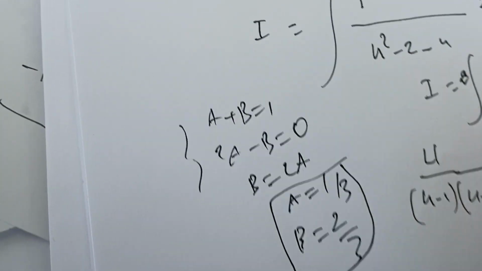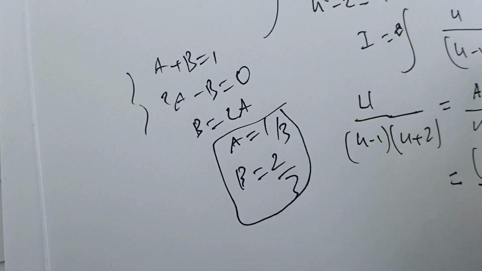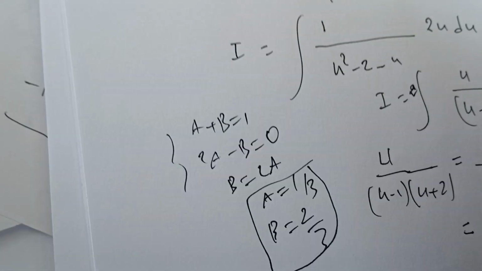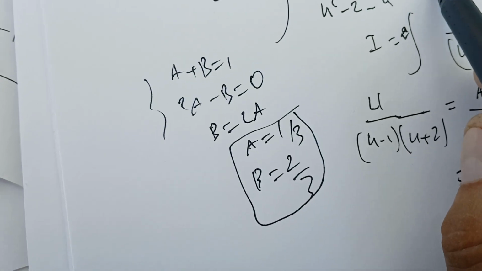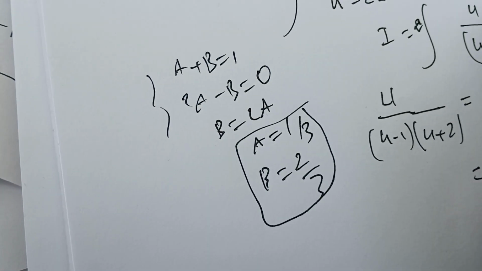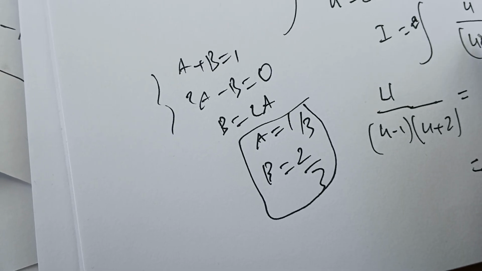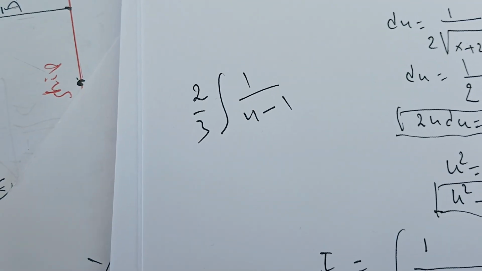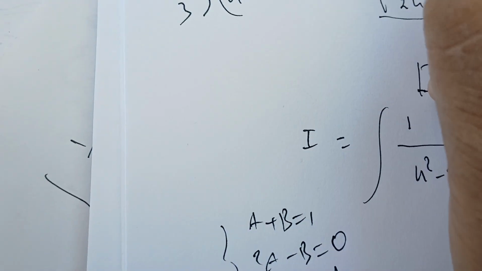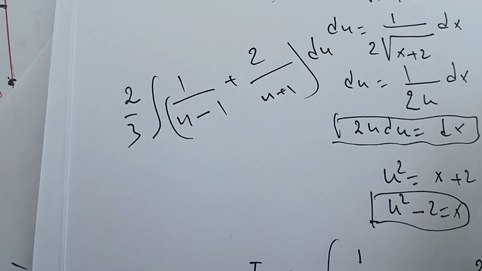Now this integral becomes, I had to keep the 2 outside. Since a is 1/3 and b is 2/3, I can factor out the 2 over 3. So I have 2 over 3, 1 over u minus 1 plus 2 over u plus 2, du.